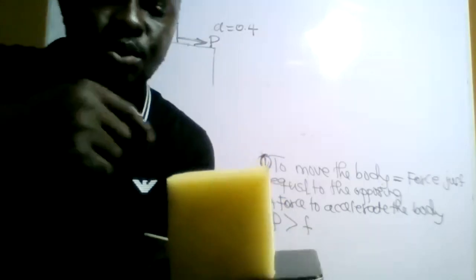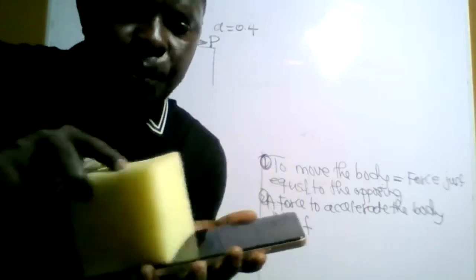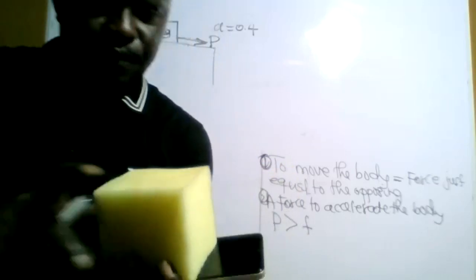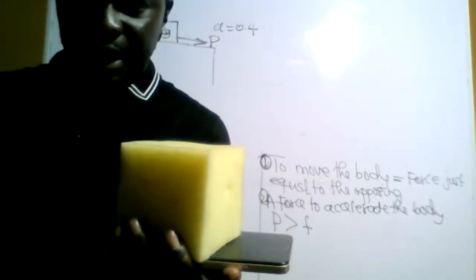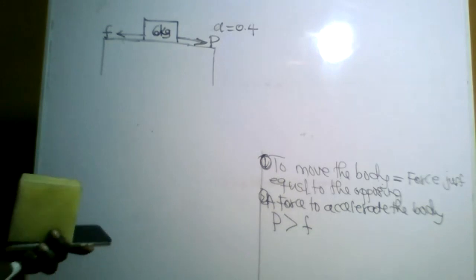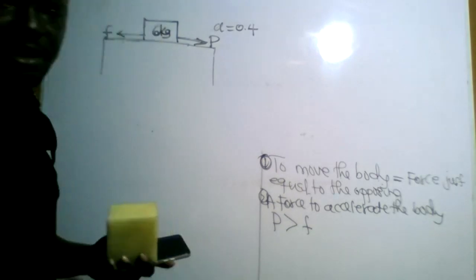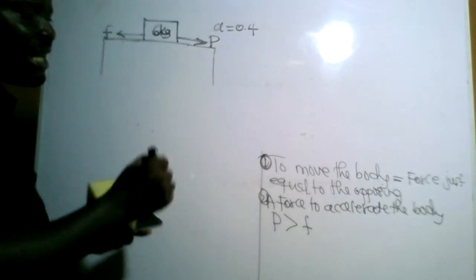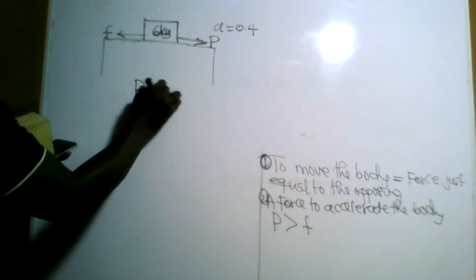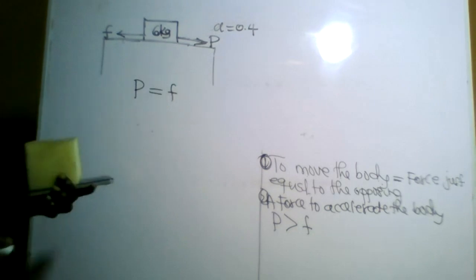When it moves, it means that the force applied has overcome the opposition, the frictional force between the mass and the floor. So in the case of the force just moving the mass, the force applied is just equal to the frictional force.